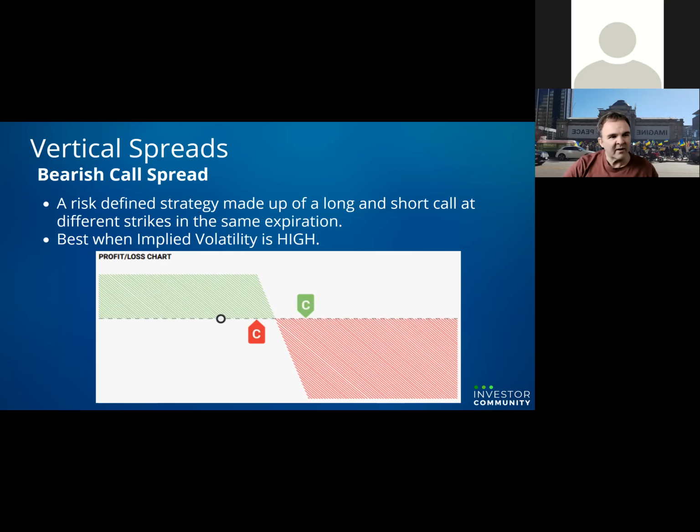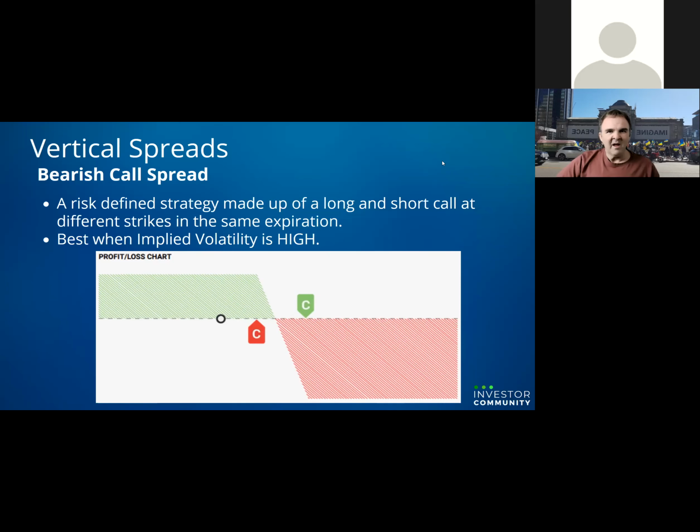So that's a really handy thing to have. And it explains which strategies are best when you're bearish on the stock and implied volatility is high. So in this one, we are buying a call up here, and we're selling a call down here.